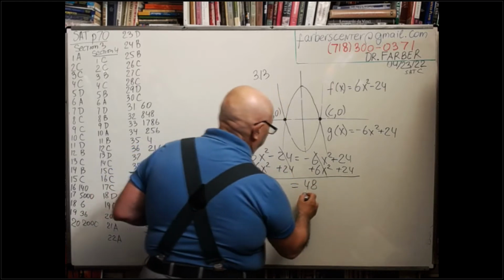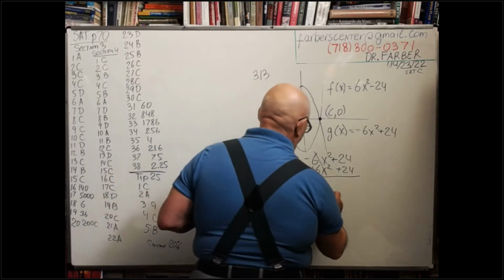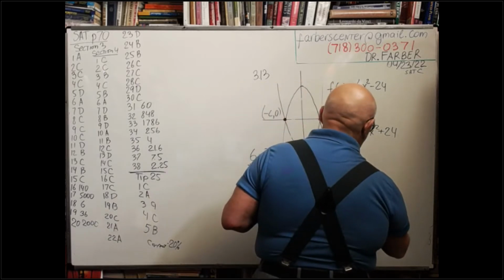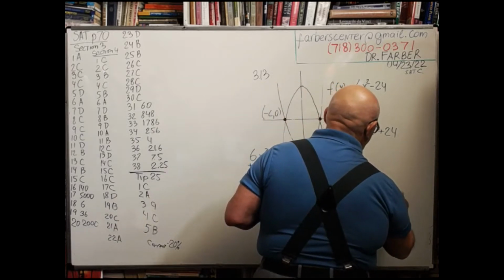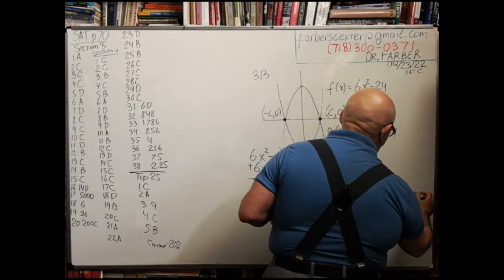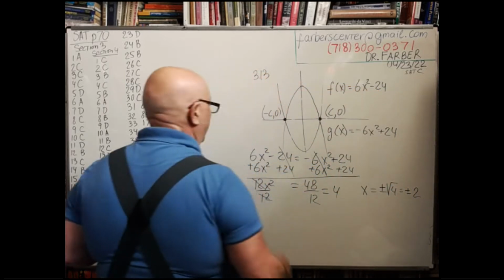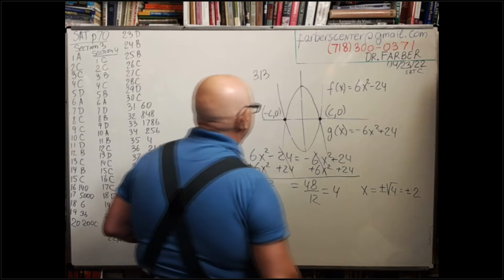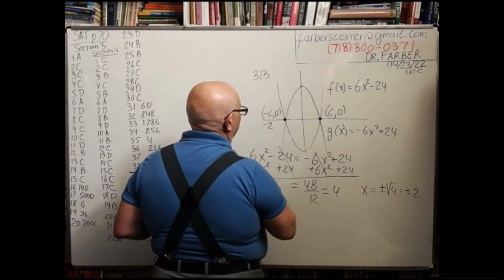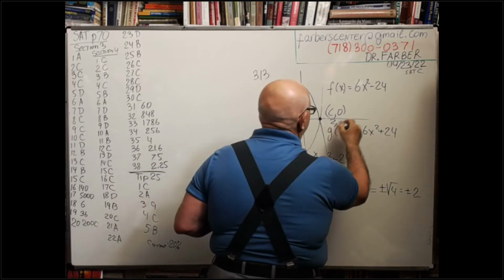Divide by 12 both parts, and this will be 4. x equals plus or minus the square root of 4, which is plus or minus 2. They ask you to find C. It means this value is negative 2, 0, and this is 2, 0.